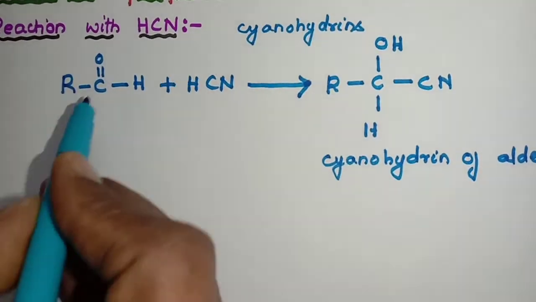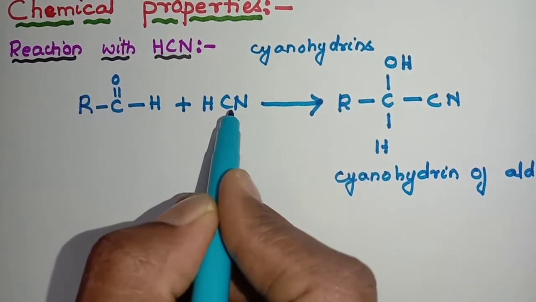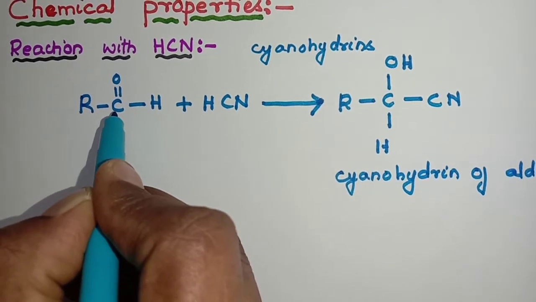Okay, so here the pi bond breaks up and H plus comes over here and CN minus goes to carbon.